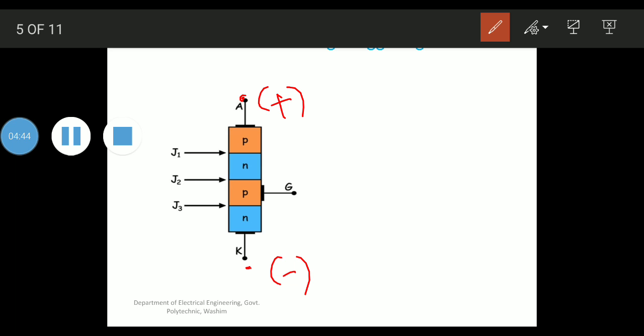Now if we see, the p-type material is connected to positive terminal and that's why the junction J1 is in forward biased mode. Here cathode is connected to negative terminal, that is the n-type material is connected to negative terminal, and that's why junction J3 is also in forward biased mode.